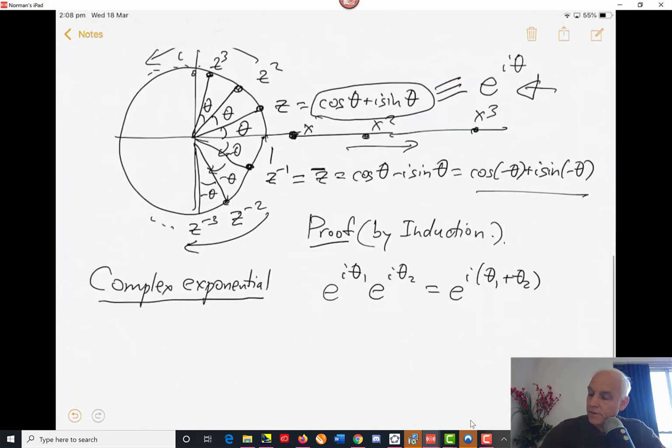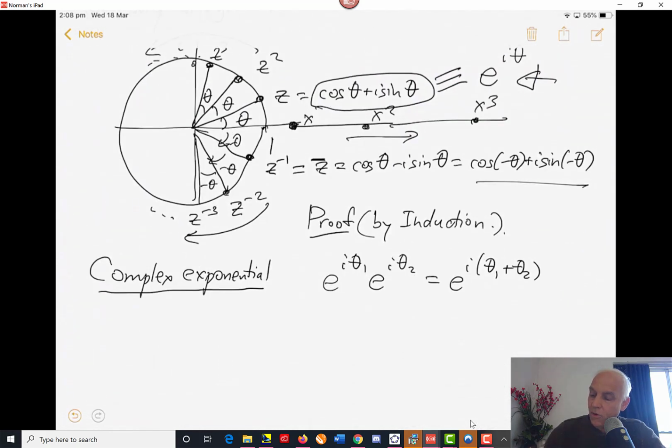And in the same vein, de Moivre's theorem becomes (e to the i theta) to the n, so taking the nth power of cos theta plus i sine theta. Well, de Moivre's theorem tells us that's cos n theta plus i sine n theta, so that's e to the i n theta.